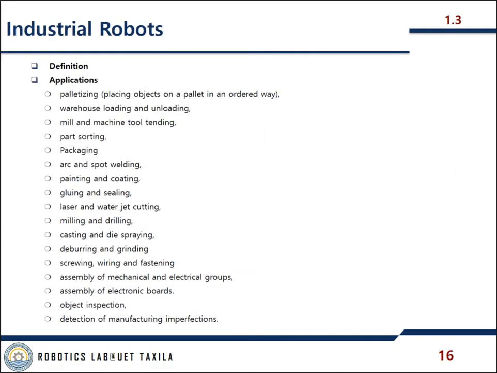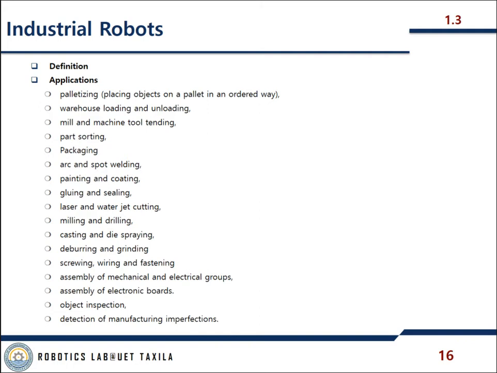What are the applications? There are many applications. And the industrial robot, let me define, is a machine with significant characteristics of versatility and flexibility. According to the widely accepted definition of the Robot Institute of America, a robot is a reprogrammable multifunctional manipulator designed to move materials, parts, tools, or specialized devices through variable programmed motions for the performance of a variety of tasks.